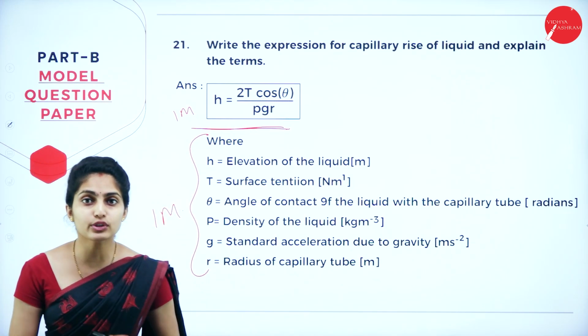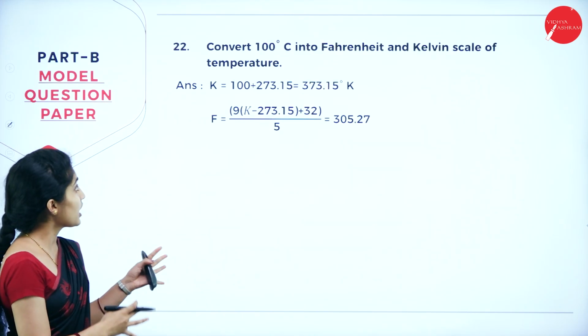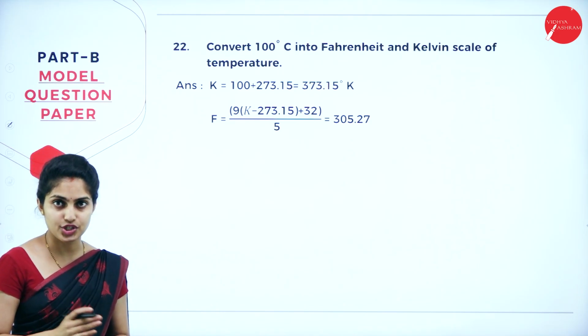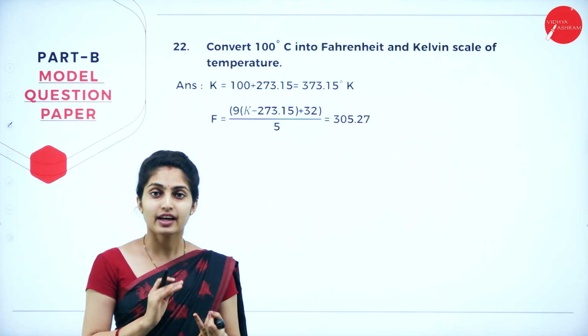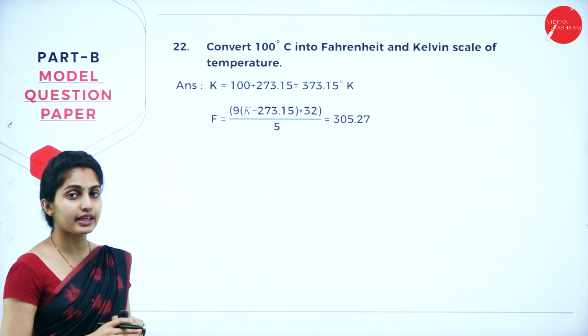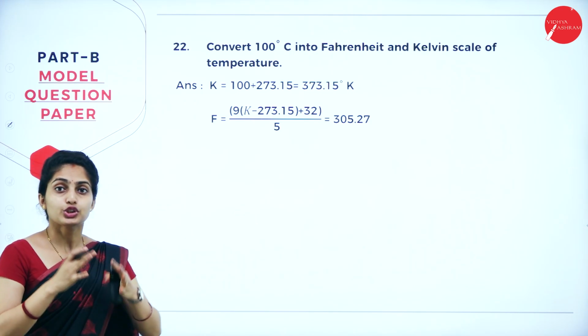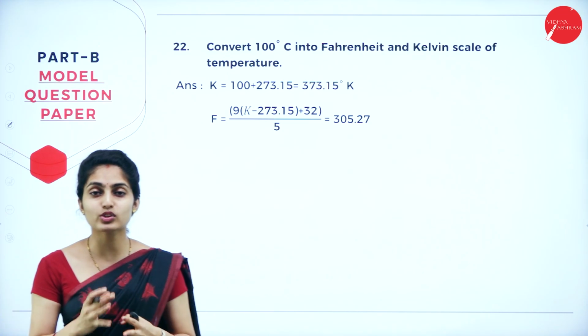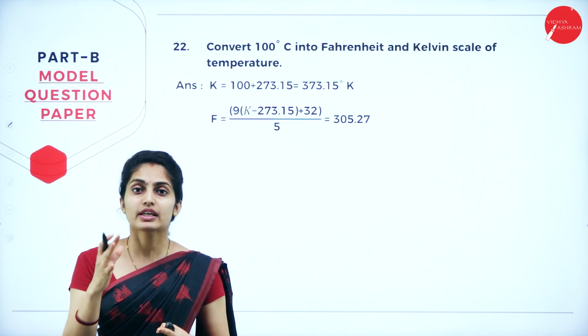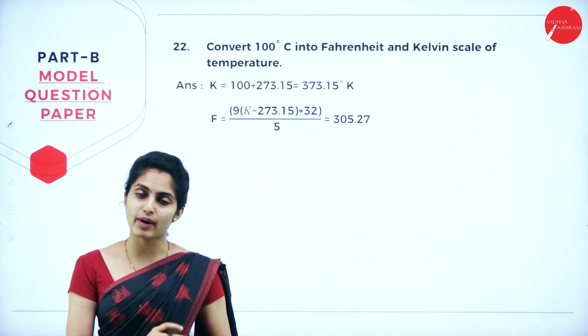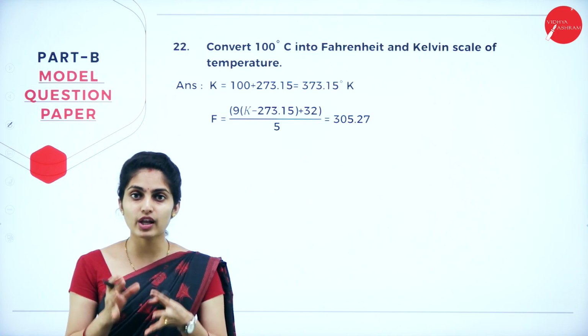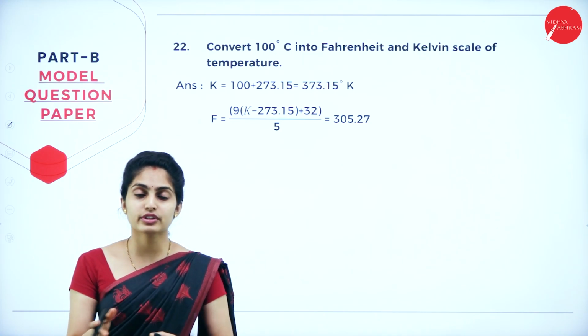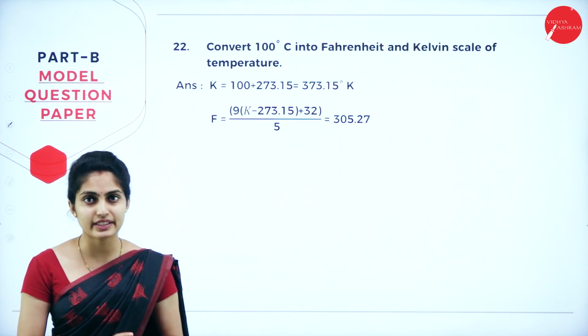Okay, after which we have: convert 100 degrees Celsius to the Fahrenheit as well as Kelvin scale of temperature. This question is from the chapter thermal properties of matter, wherein there is a formula for you to convert to the Kelvin as well as Fahrenheit scale.